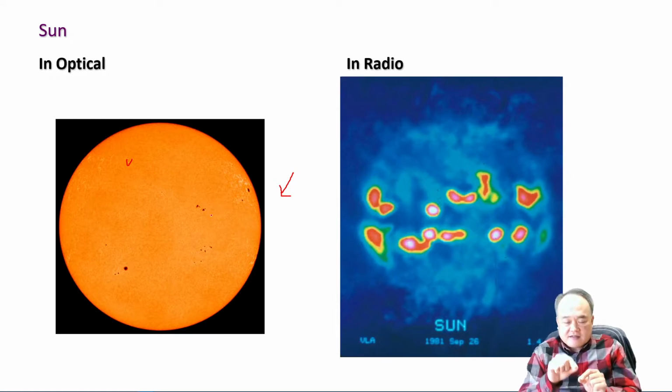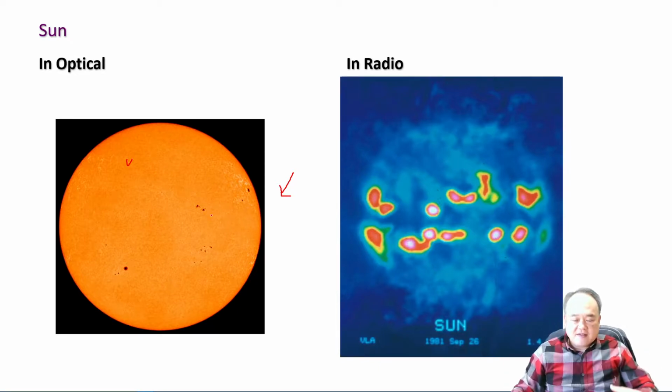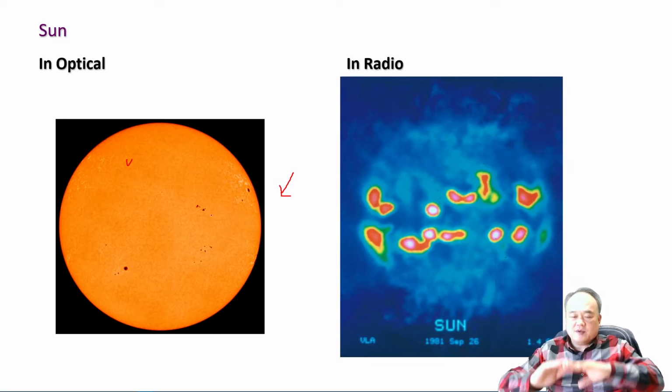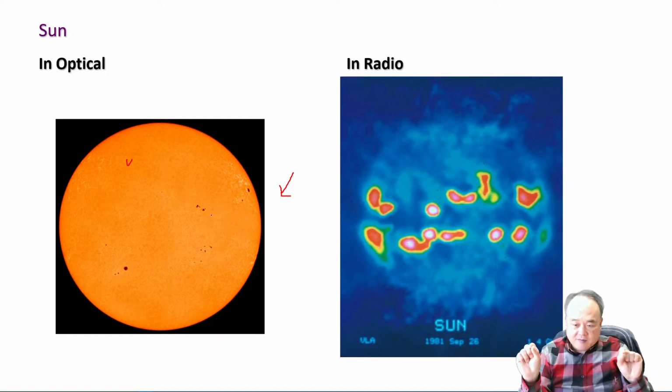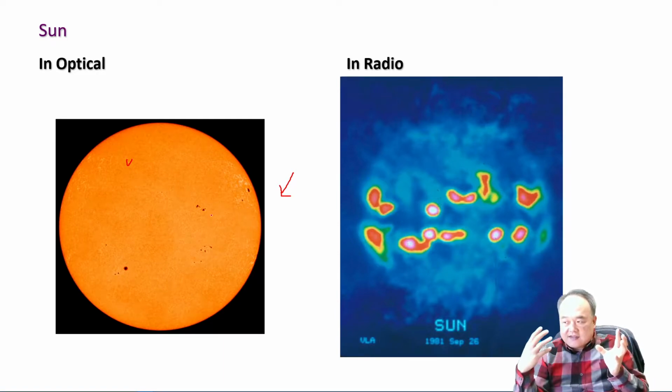Magnetic field lines somehow prevent convection, so the really hot material from the deeper center of the Sun does not appear at the surface, and less energy is transported into these highly magnetized regions.